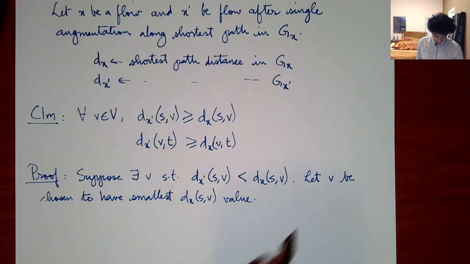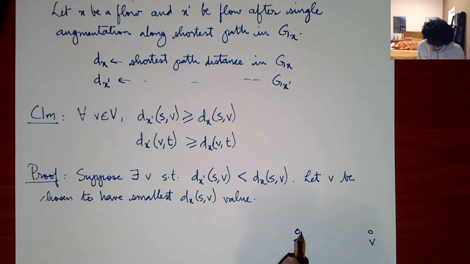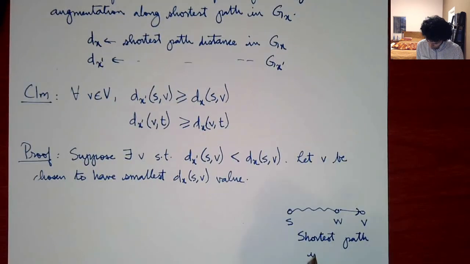Okay, so let's just draw a picture. So this is S, here is V. And what I'm going to do is take a shortest path. This is the shortest path in G x prime, in the residual network.